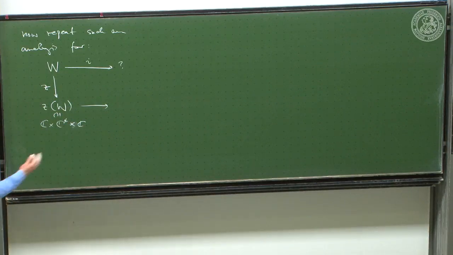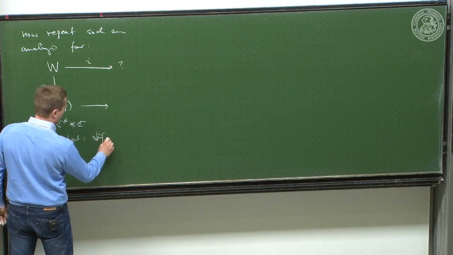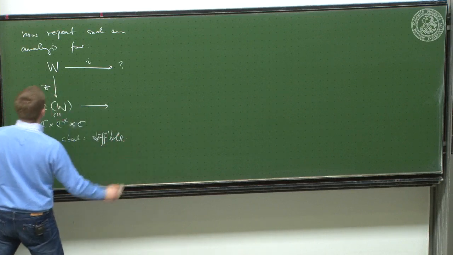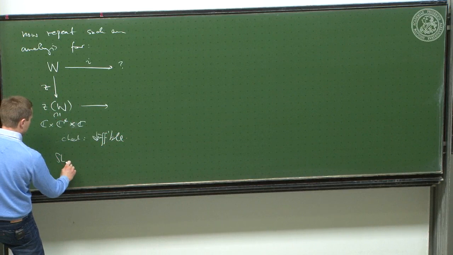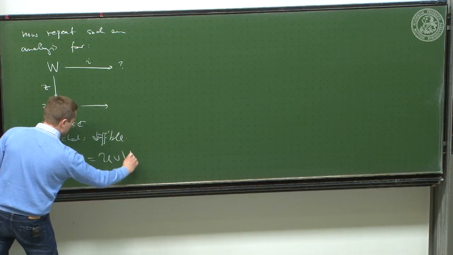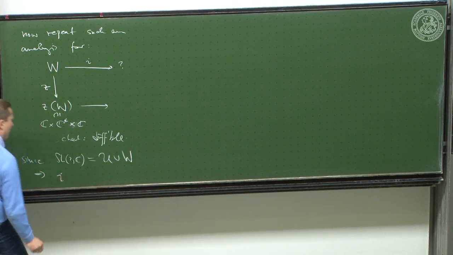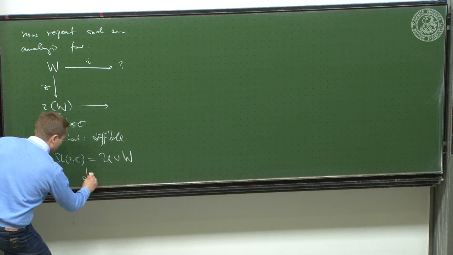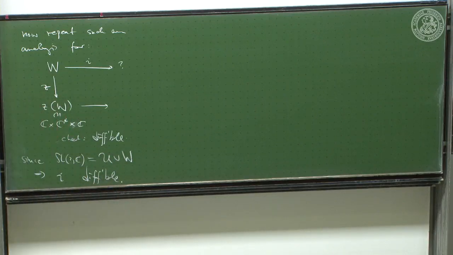Okay, so check also differentiable, and only now, since SL2C is covered by U and W together, we can then conclude that the map I up there is differentiable. Now we have to do this for a system of charts that cover and come from a differentiable atlas.